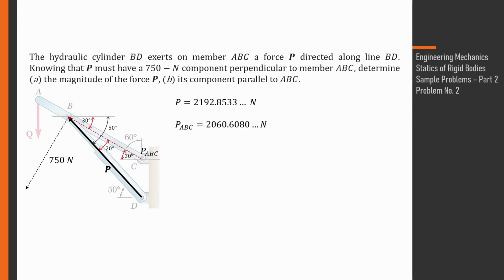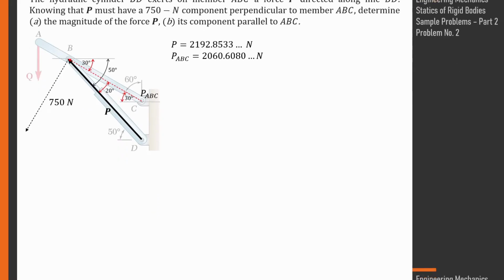So our answers are the magnitude of force P is equal to 2192.8533 newtons, and the component parallel to ABC is 2060.6080 and so on newtons. Next problem.